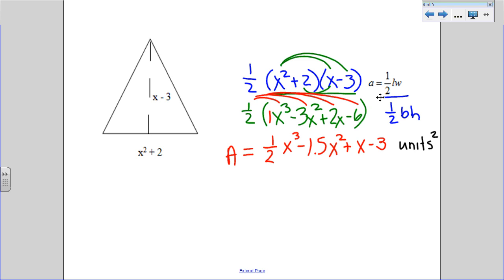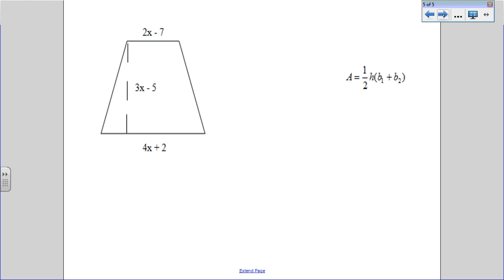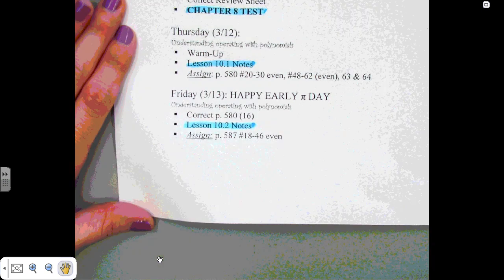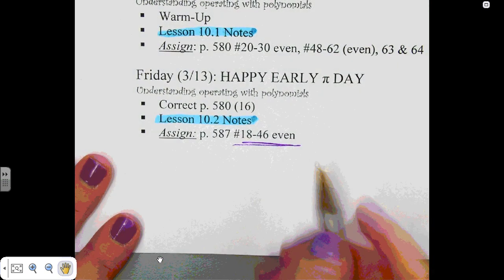Okay? So we should be okay here. Your assignment, let's see, I don't know if I have it typed up here. I don't think I do. So your assignment, ladies and gentlemen, is on your note-taking guide. It is a book assignment again. 587, 18 through 46 evens, ladies and gentlemen.